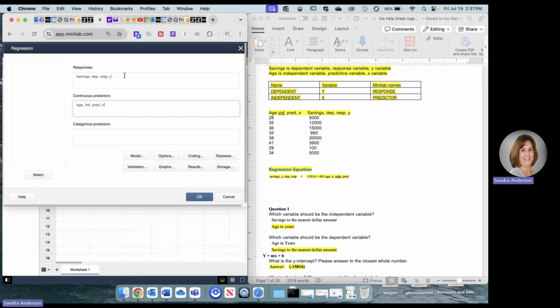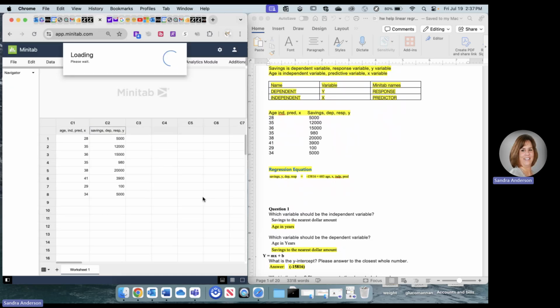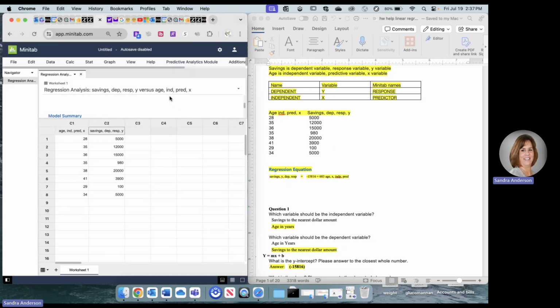Or you can always remember that your response variable goes first, which is your Y, and then your X. However you want, and I think this chart helps people as well, however you wish to remember those. I know it's a little confusing that they use different terms in Minitab than we use with our X and Y variables and with dependent and independent variables. So click OK, and it gives us all this information here.